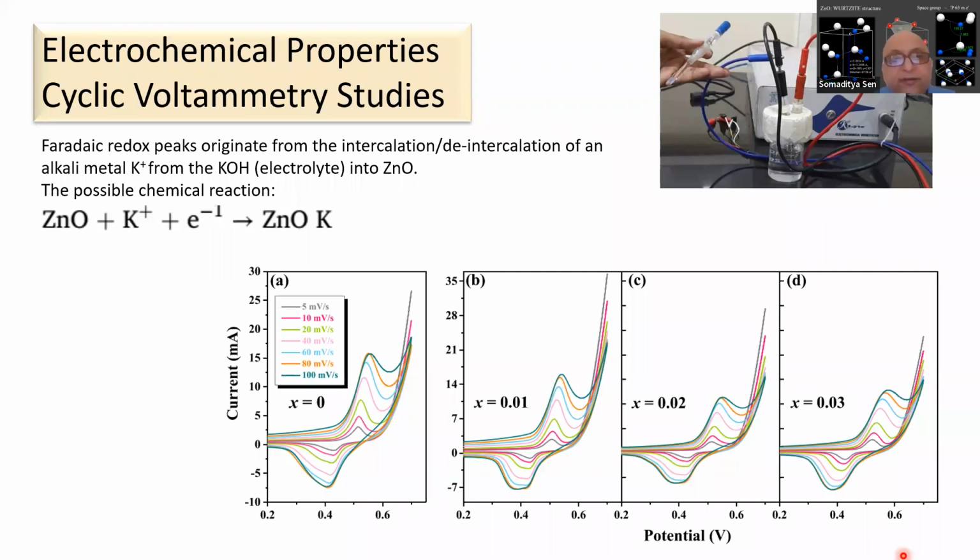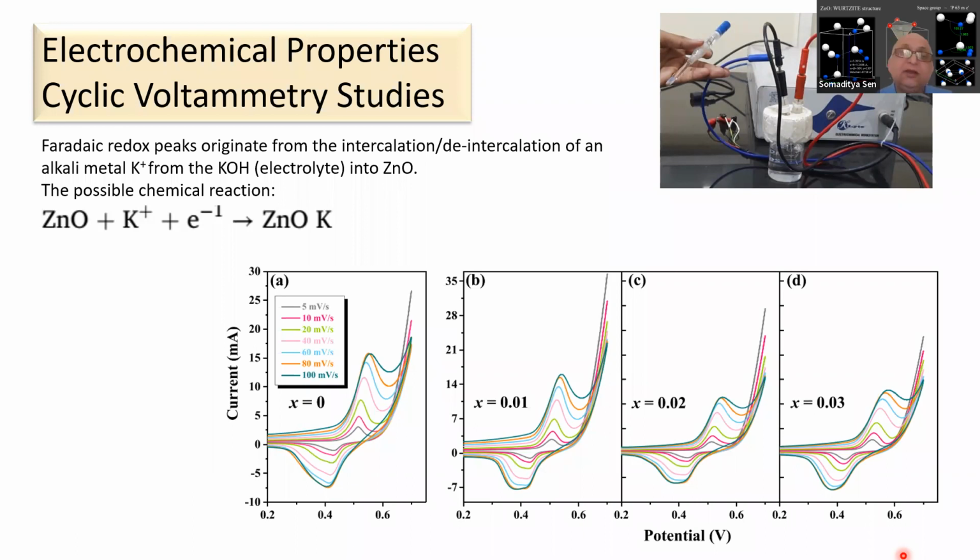There are Faradaic oxidation and reduction processes involved when you do this type of cyclic voltammetry experiment. And this originates from the intercalation and deintercalation of alkali metal. It can be sodium, it can be potassium, in some electrolyte. You have to choose your electrolyte properly, and the zinc oxide.